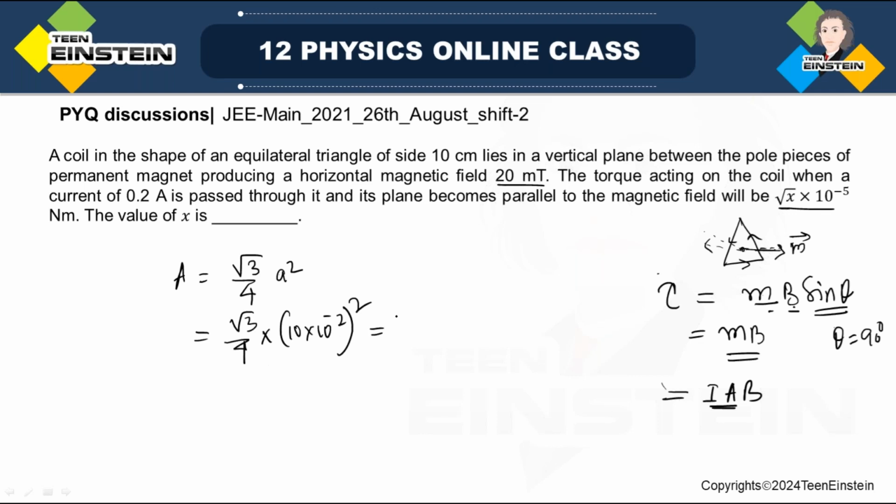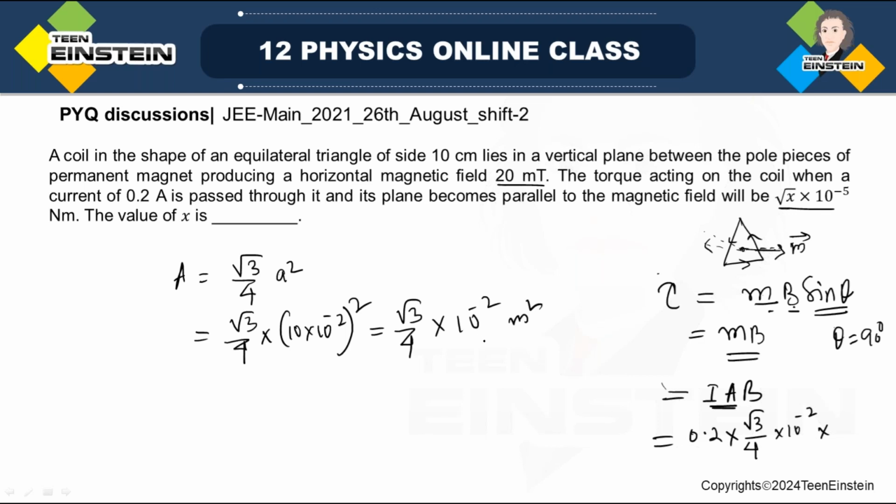This will give you root 3 by 4 into 10 to the power minus 2 in meter square. I is given, I is 0.2, and this is root 3 by 4 into 10 to the power minus 2 meter square.